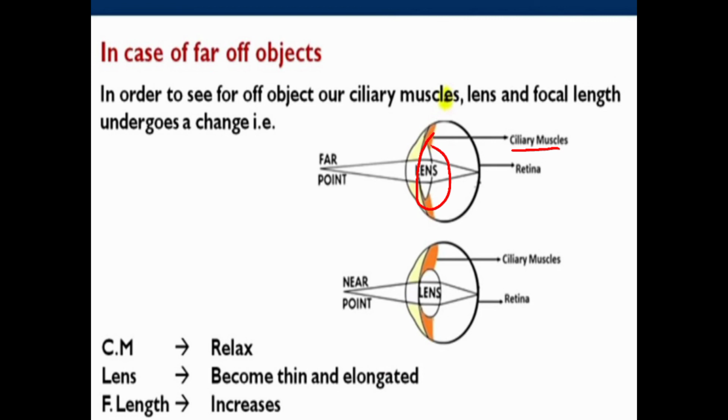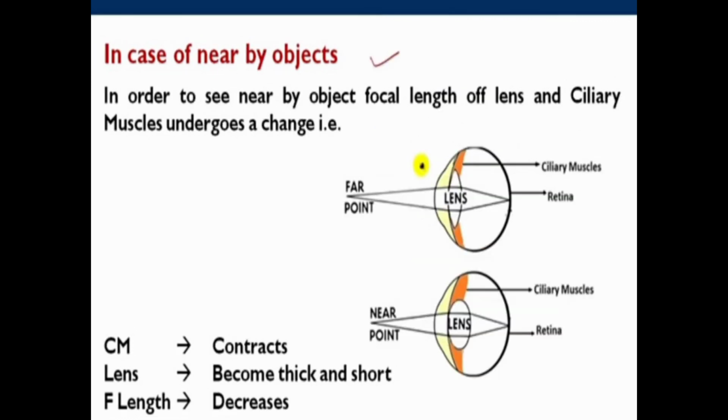Make one point clear: for far off objects the focal length should increase. So what is necessary for that? The ciliary muscles should relax and the lens should become thin and long. Because of that the focal length will increase, and that's why we can see far off objects.